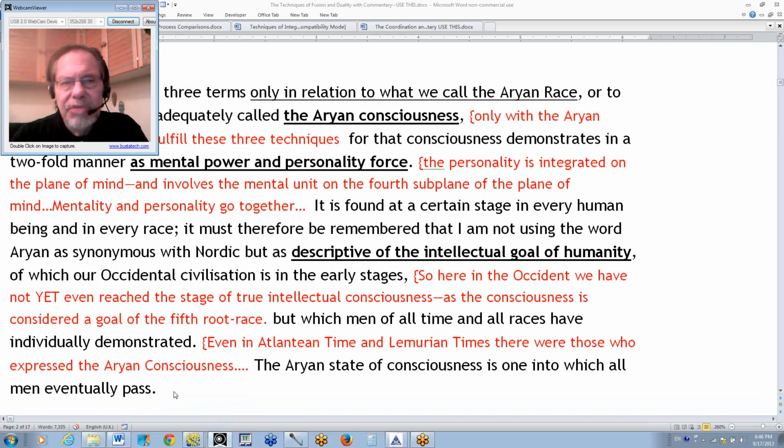There may be some in the next root race who are entering the Aryan consciousness, and yet the sixth root race will probably be called something quite different. It will be a root race given to the cultivation of the intuition. So this Aryan consciousness is cognizant of that center on the higher mental plane we call the soul.